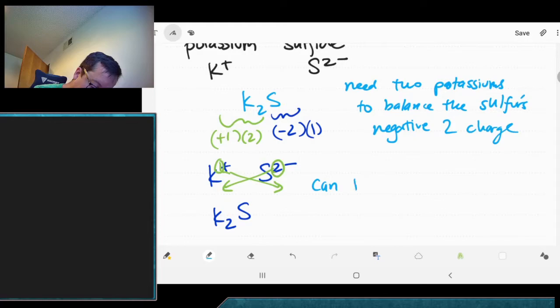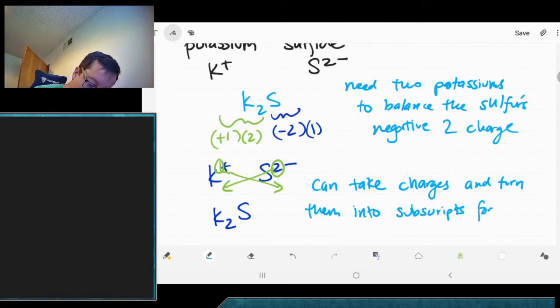So the S2- and the K+, we can just crisscross those, and now we have K2S. Or we can think about it and be like, well, okay, we have potassium, which is +1, sulfur, which is -2. We're going to need 2 +1s to balance out the -2, so we need 2 potassiums. Either way will work.